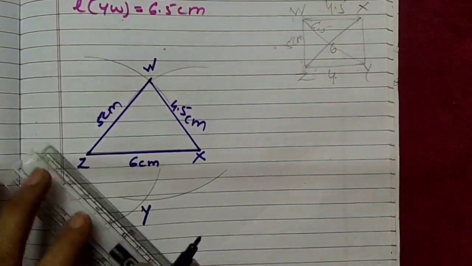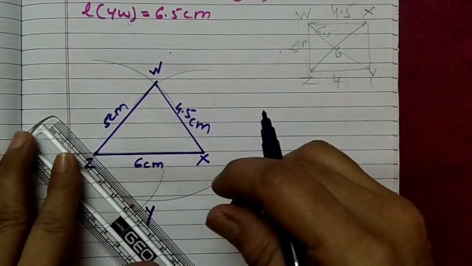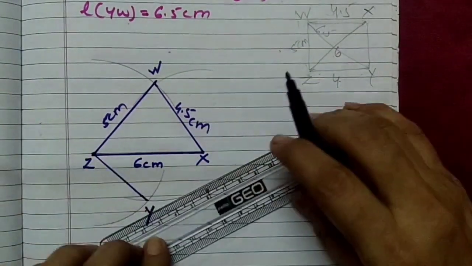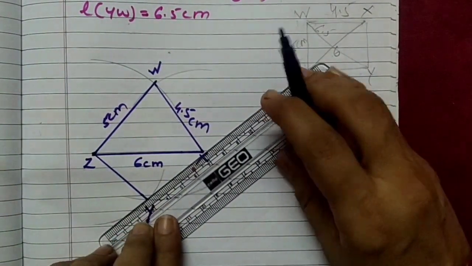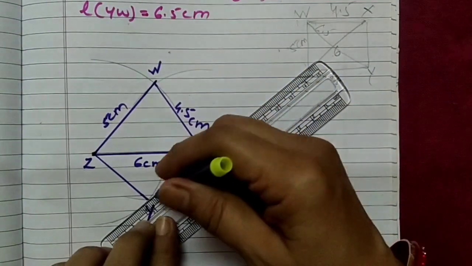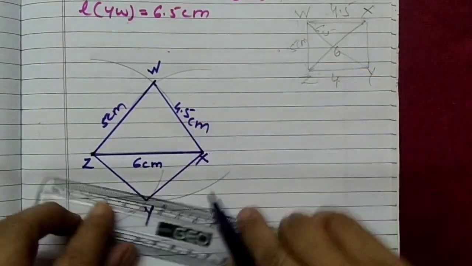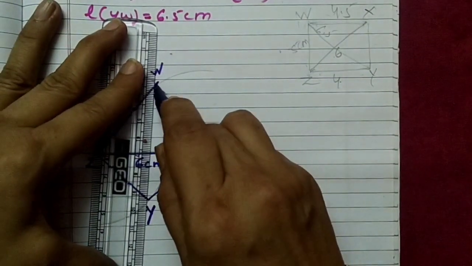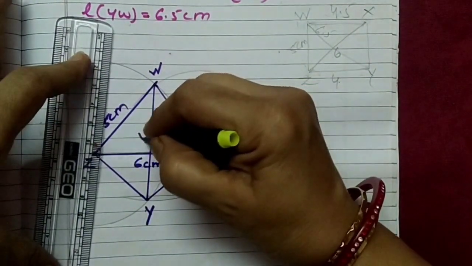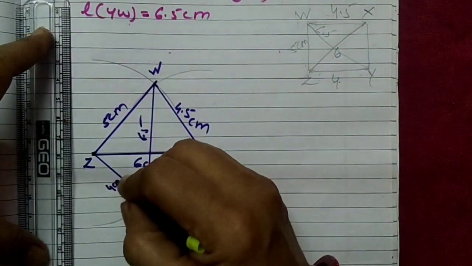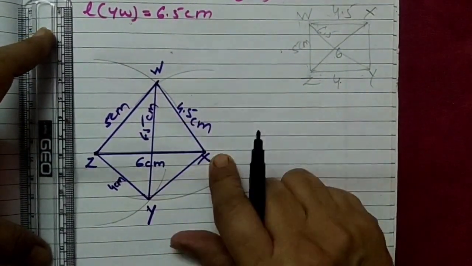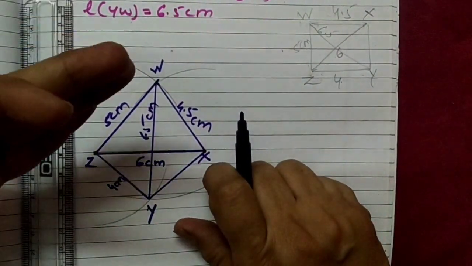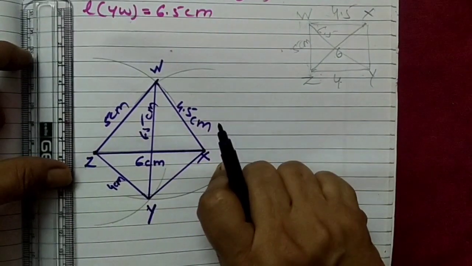Y. Now I will join my point Y with Z. I will join my point Y with X, and I will also join my point Y with W. This is 6.5, this is 4, and this length was not given to us, but sometimes in the sum after construction they might ask what is the length of XY.